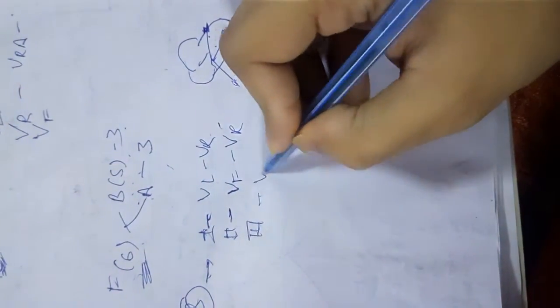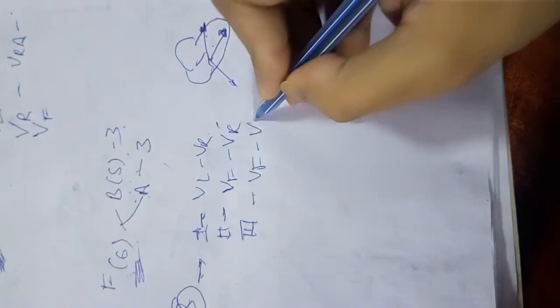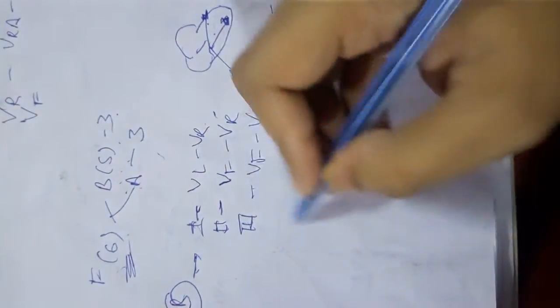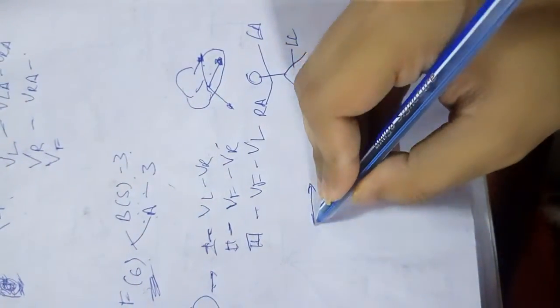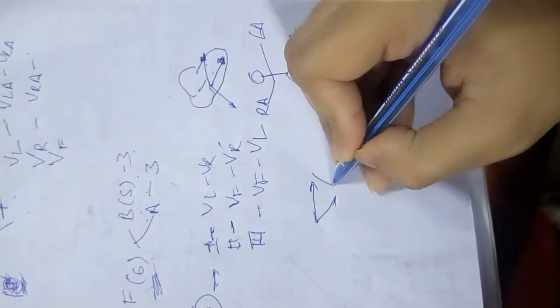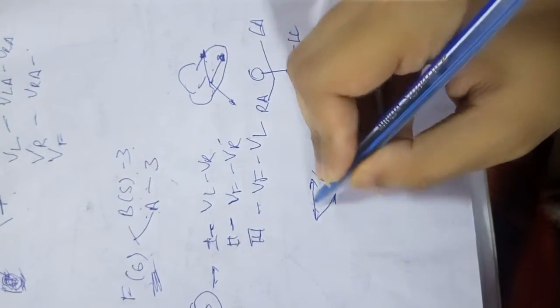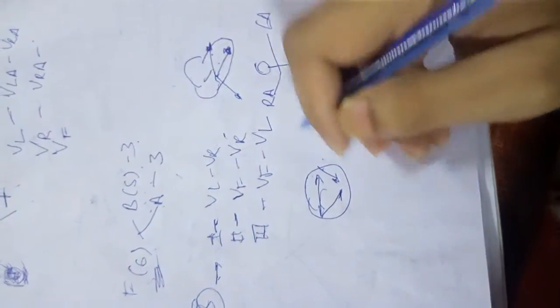Vector 3 will be VF minus VL. When we place these vectors, they form an equilateral triangle called Einthoven's triangle. These resemble the pathway of current flow during depolarization.